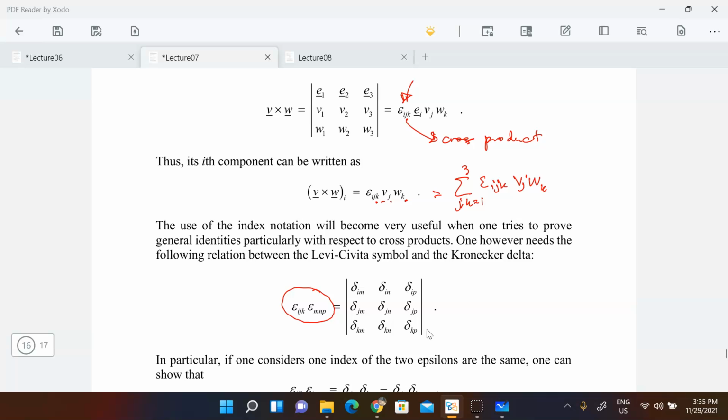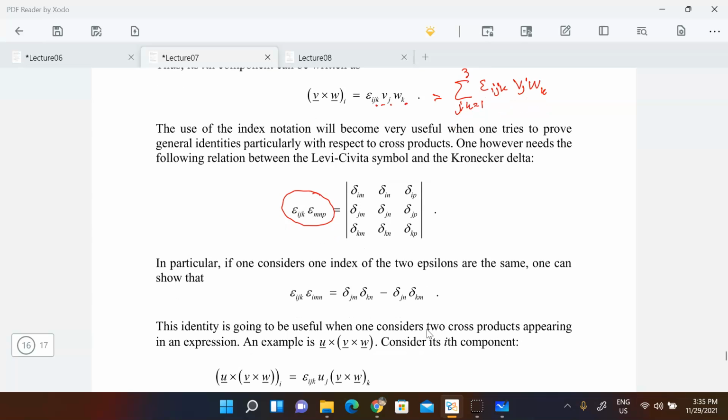Particularly if there is something like this, I have a product of two epsilons, but you see there's an index I on the first epsilon and index I on the second epsilon. So this is like taking a dummy index, meaning there's a sum over I, and this is equal to the product of these two deltas, and you can actually prove this formula from that formula.